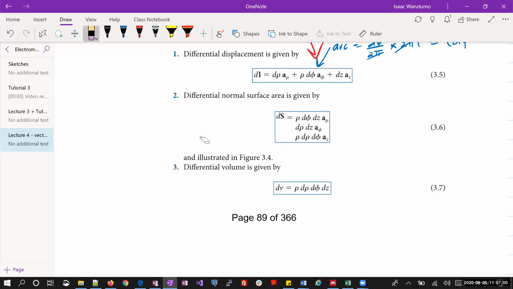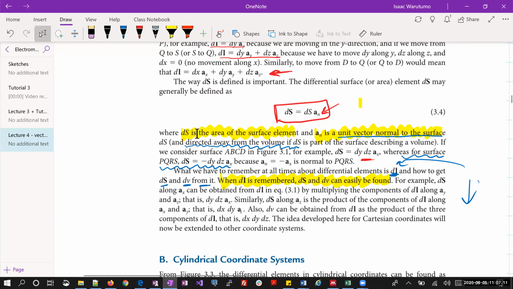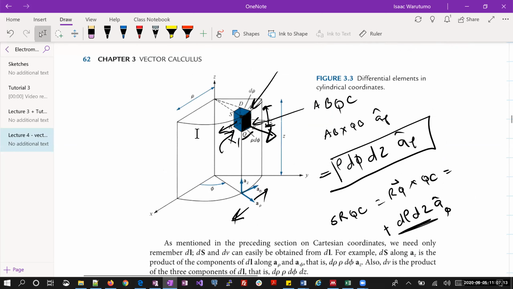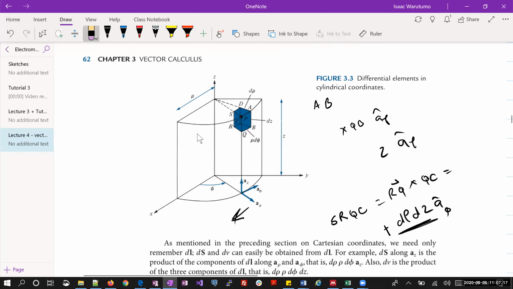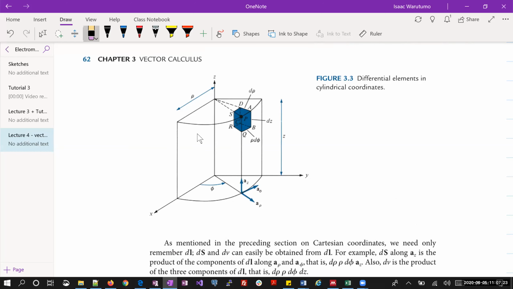So now we are doing this last subsection, and the volume is simply done the way we did before. We just multiply all the dimensions. If you wanted to find the elemental volume that is shaded, you would simply multiply all the dimensions. All you need to remember is each dimension.